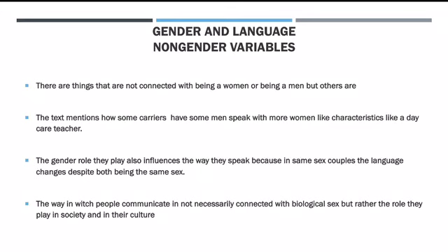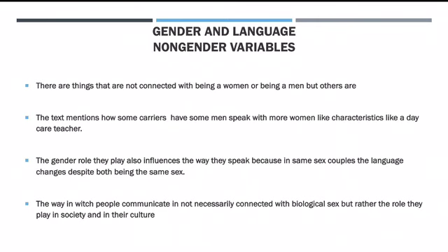So those types of skills that would typically be associated with a woman speaker may be optimal for that male teacher to have just because of their line of work.